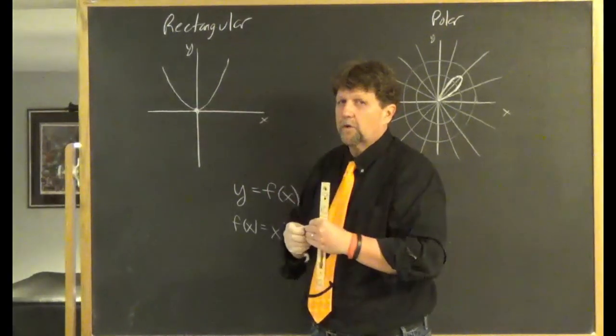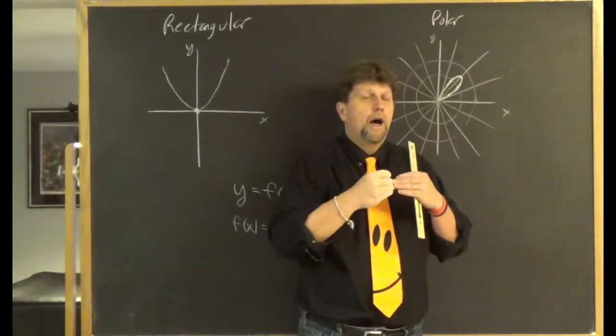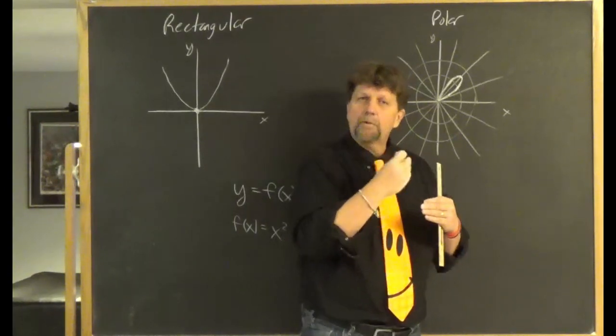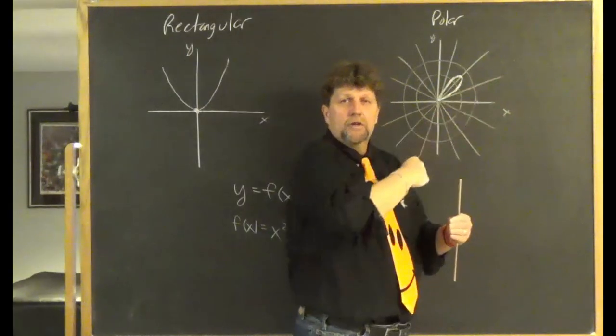That's the rectangular world. In the polar world, a relative max is not a high point, because in the polar world, it's around and around, away from the pole or in towards the pole.